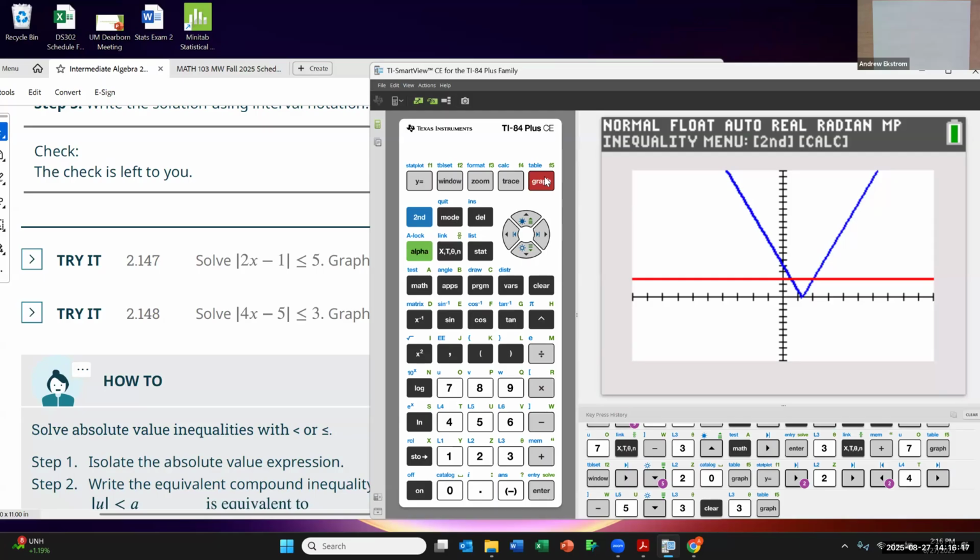No, just graph the function and tell me approximately what it looks like.